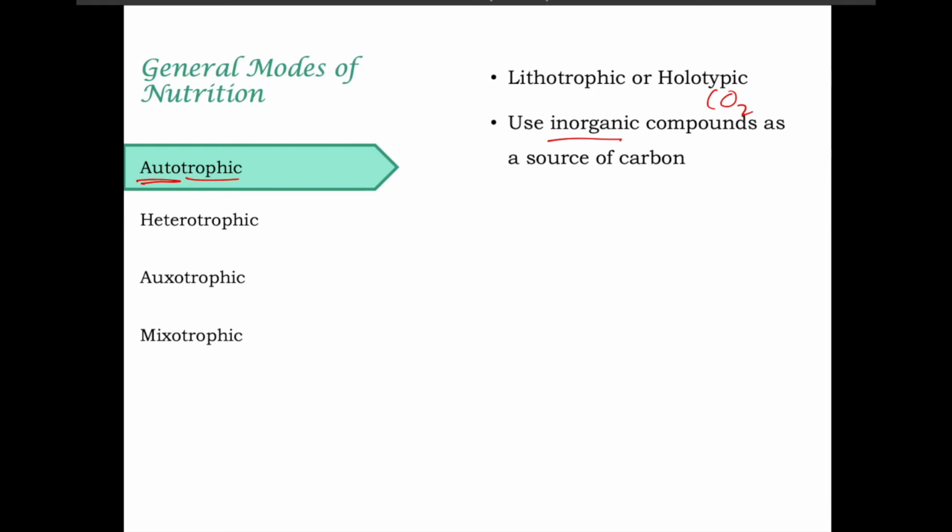They use that carbon dioxide or other inorganic compounds as a source of carbon, and they will synthesize that carbon dioxide to form sugars as their food, to form carbohydrates. So we have at least 2 types of autotrophic organisms.